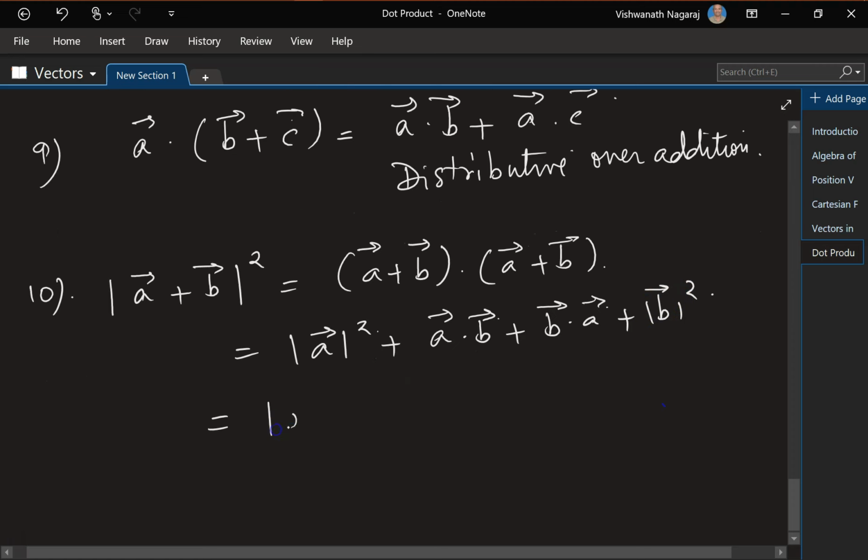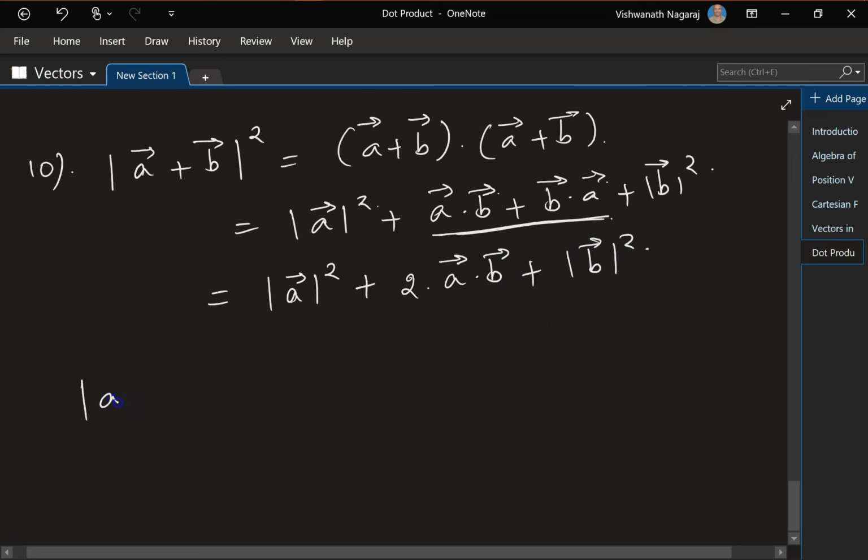This is equal to magnitude of A square plus 2 times, because dot products are commutative, right? A dot B, B dot A both mean the same thing. So 2 times A dot B plus magnitude of B square.